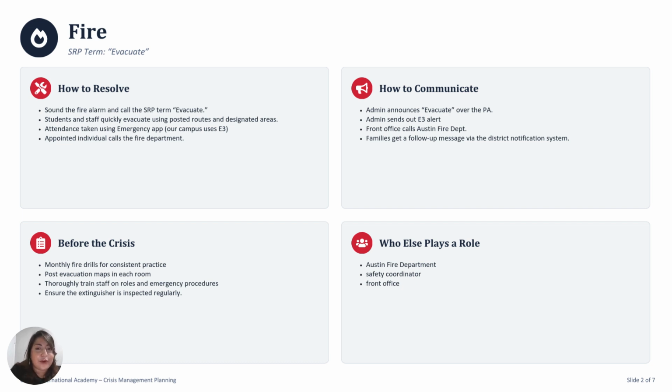We will already have those prepared before the school year even begins. So that way, if we do have a fire, possibly they will get a follow-up message. Now, in rare cases and more severe cases, we will have to collaborate with Austin Fire Department to ensure that they are also releasing a statement regarding the crisis.